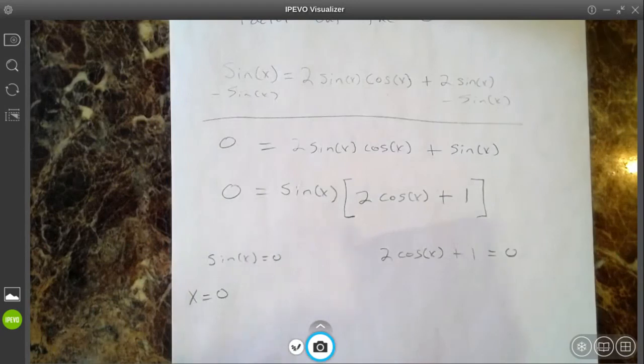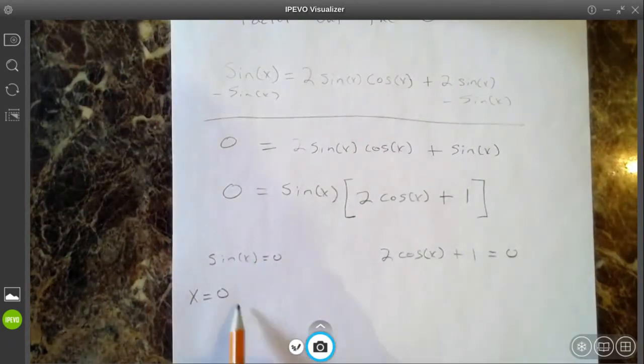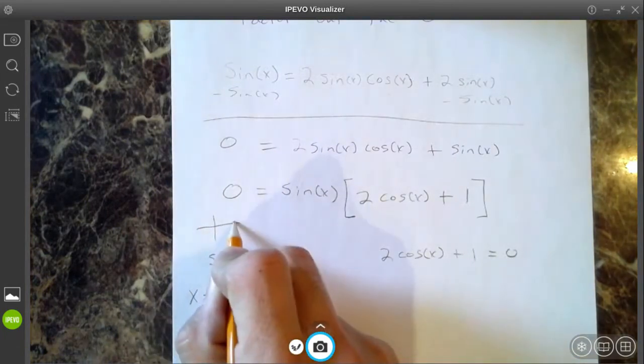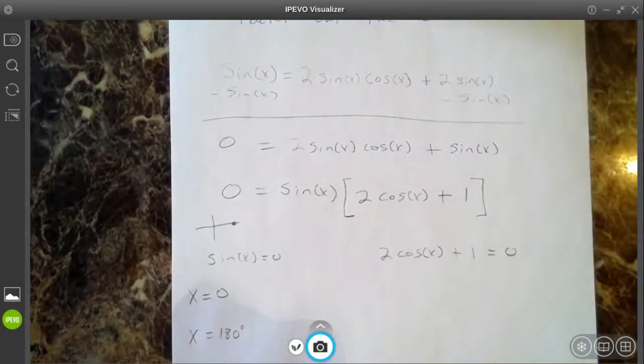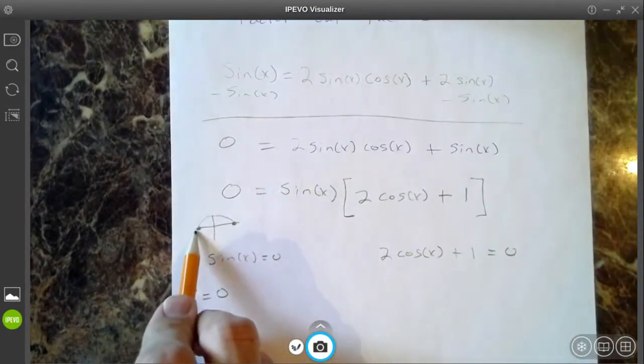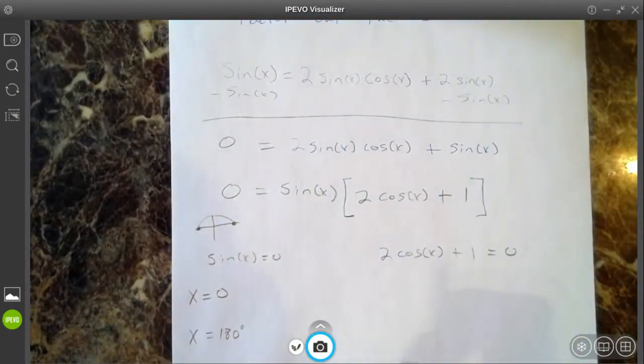Shoot, what am I thinking here? It happens at 0, but it also happens at 180 degrees. It really helps if you have those charts. So right there at 0, that angle, and also at that angle. Those are the two spots where the y value, or the sine value, is equal to 0.